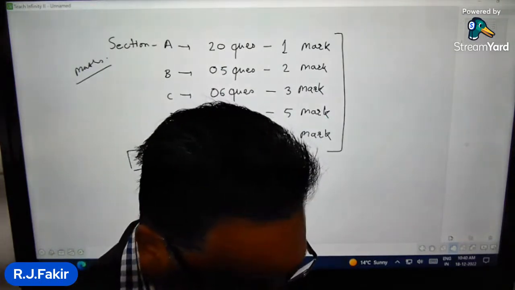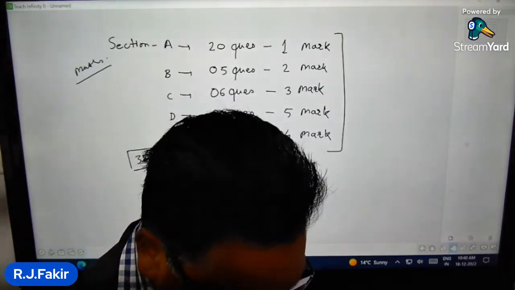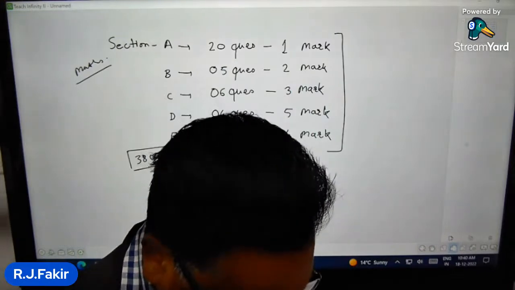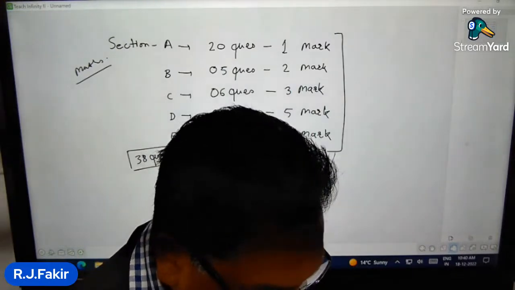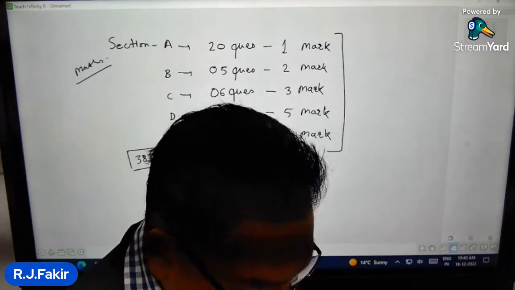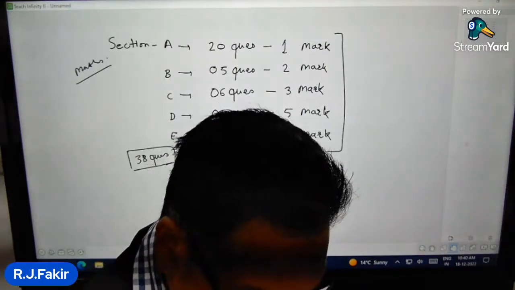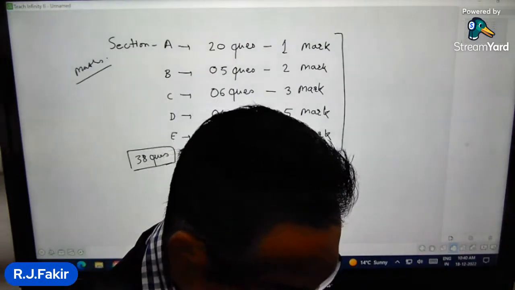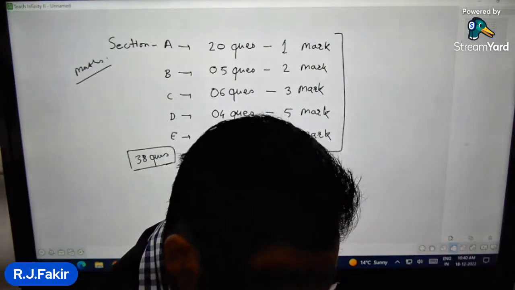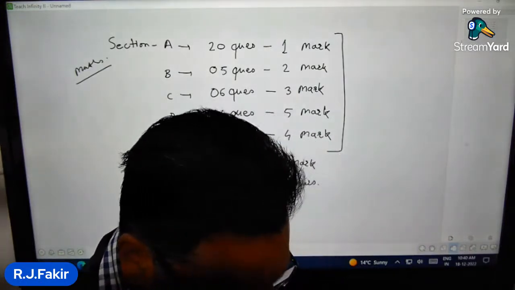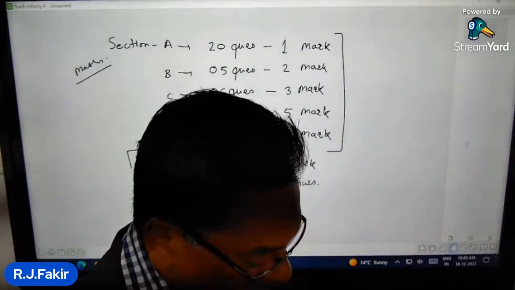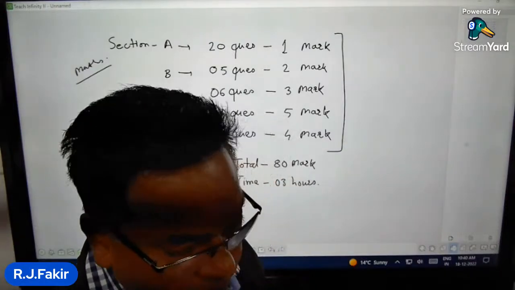Now coming back to section B, it will have the questions which will be of 2 marks.